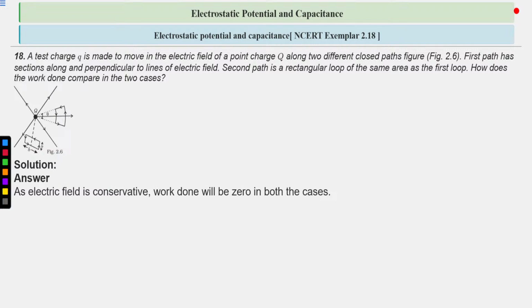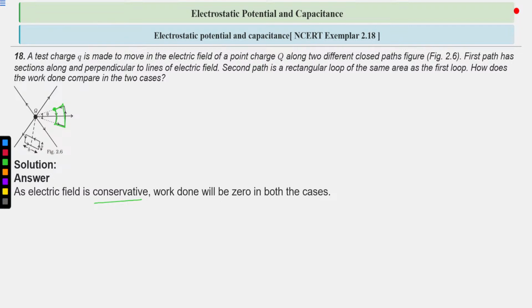Since the electric field is conservative, the work done by the charge only depends on initial and final positions. If we start here and move along this loop, we come back to the same point, so initial and final positions are the same, and the work done will be 0.